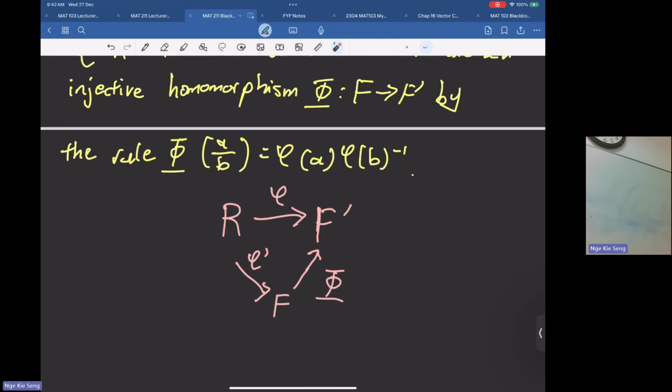Then I tell you how to add, how to multiply, find all the identities, and show that it is associative, commutative, and distributive.